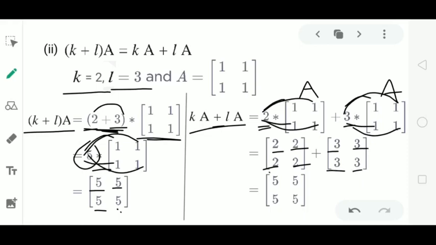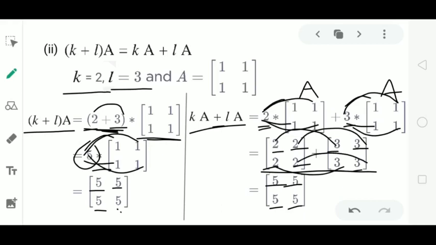Now we add these two matrices, that is we add corresponding elements. 2 plus 3 is 5, 2 plus 3 is 5, 2 plus 3 is 5, last one 2 plus 3 is 5.